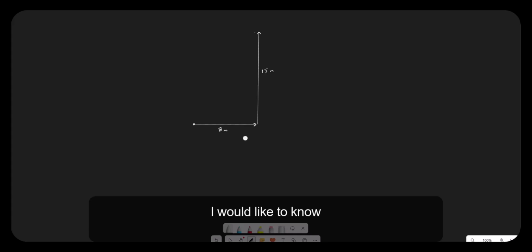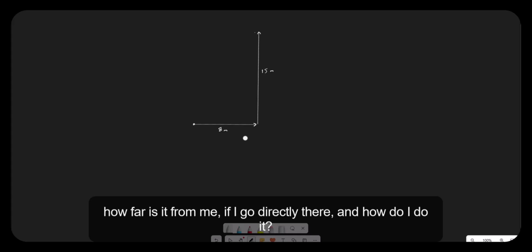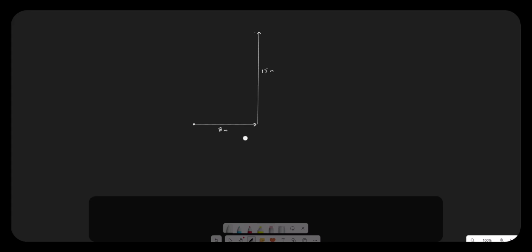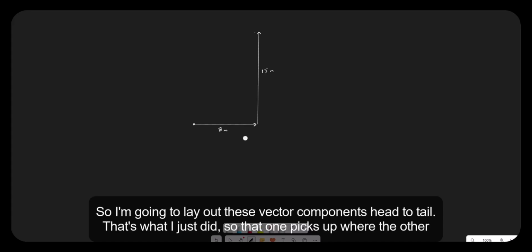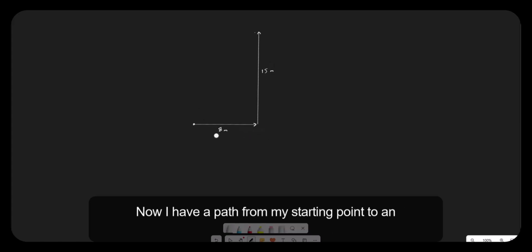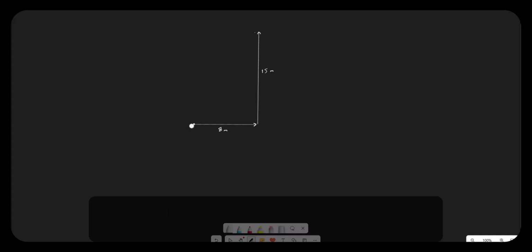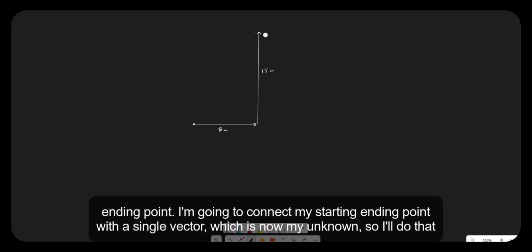I would like to know, how far is it from me if I go directly there, and how do I do it? So I'm going to lay out these vector components head to tail. That's what I just did, so that one picks up where the other one left off. Now I have a path from my starting point to an ending point.